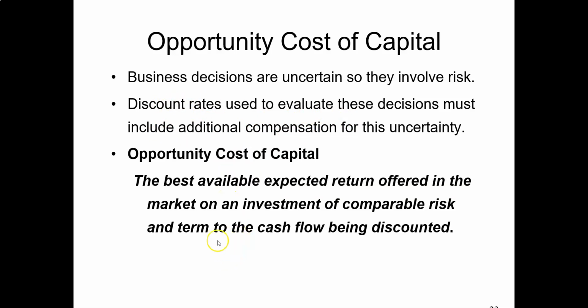But for most of the time, it is difficult to find a direct measure for these discount rates related with cash flows with risk and uncertainty. So then we try to use the opportunity cost of capital as the measure. It is the best available expected return we can find to evaluate an investment.